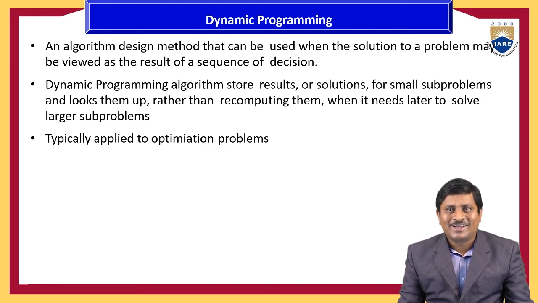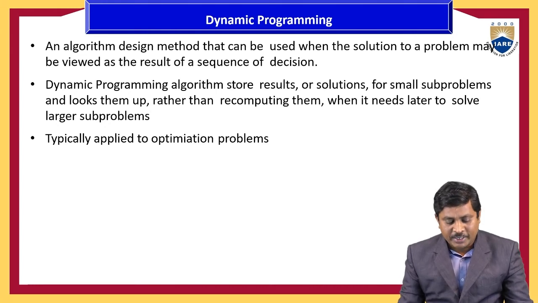A dynamic programming algorithm stores the results or solutions for subproblems and looks them up, rather than recomputing them when it needs them later to solve larger subproblems. It is typically applied to optimization problems.